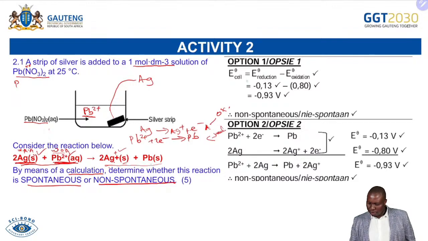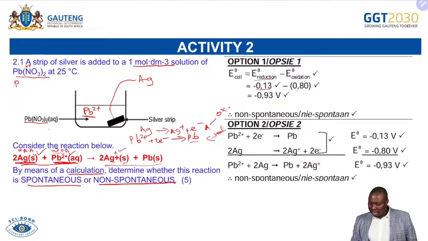So you can see we chose the formula E reduction. Reduction is where we're having our Pb there. From the table, the standard reduction potential for lead is negative 0.13. You can check it. And then minus, this minus sign.